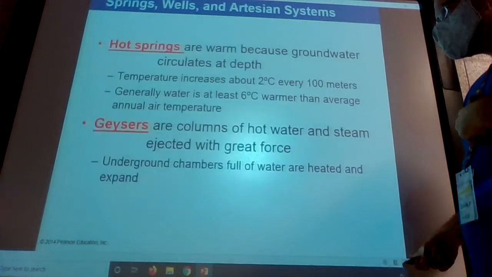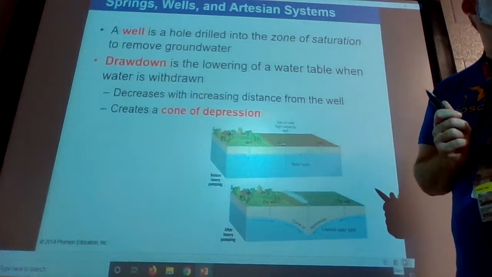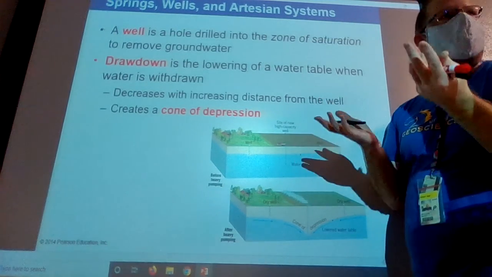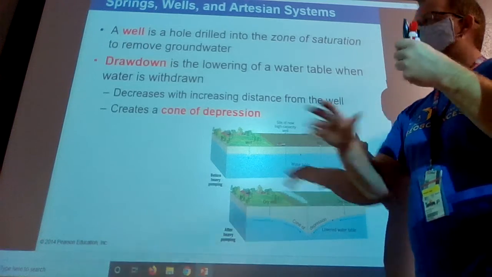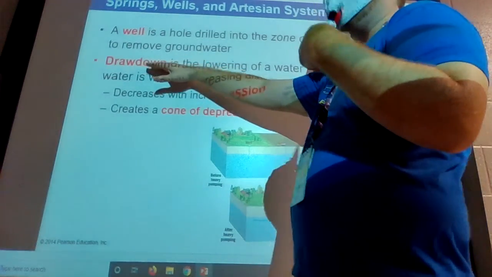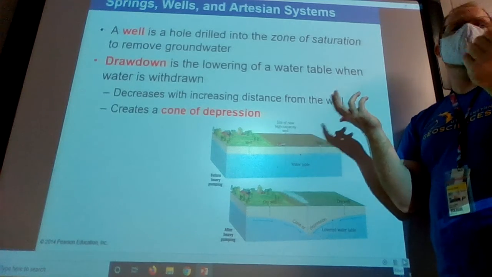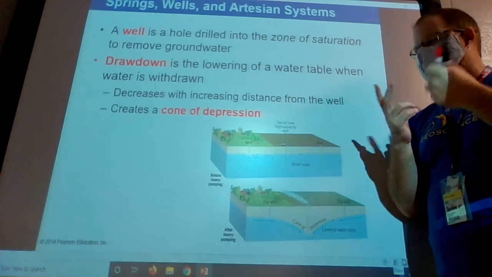Okay. If you pull too much water, it takes a long time for the water to move to where your well is. And so what happens is a phenomenon called drawdown. This is a human thing where we overindulge and pull too much water out of an aquifer.